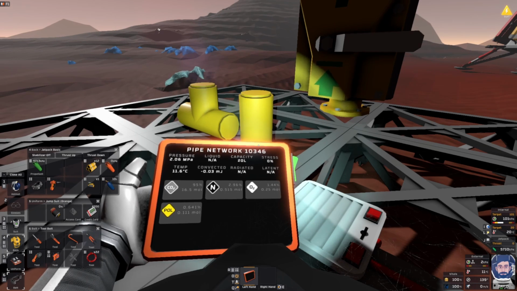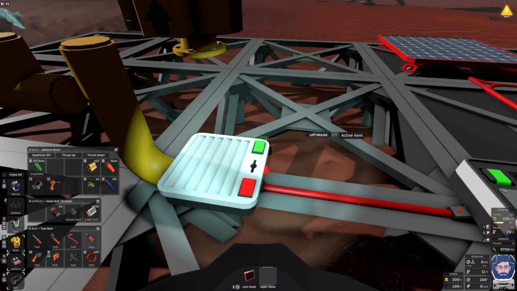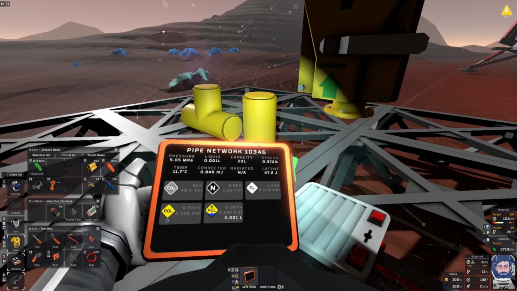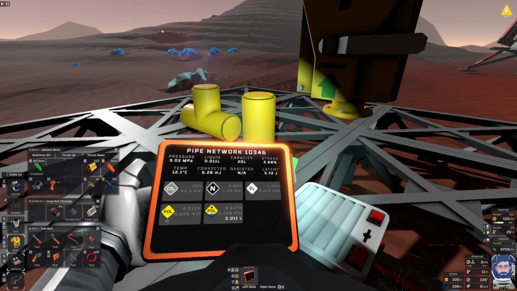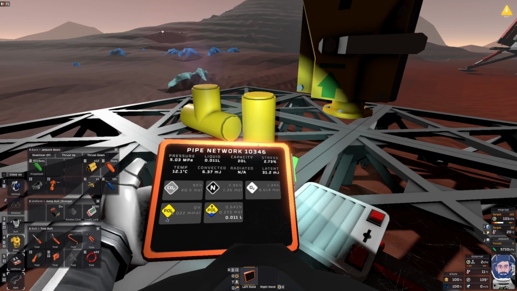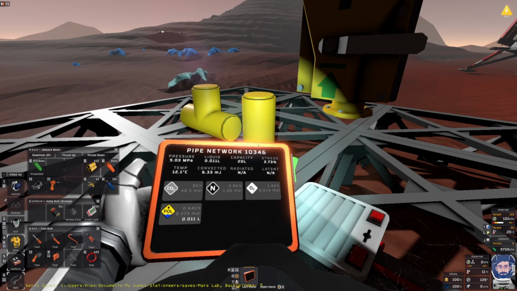All the gases we put in there are happily staying gases. As we add some more, we're now at 5 megapascals. That is above that condensation point for pollutants, and all of the pollutants we have will gradually turn into liquid. You see, after a few ticks, all the pollutants are now liquid in this pipe.